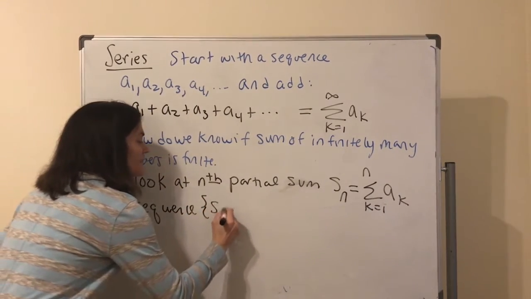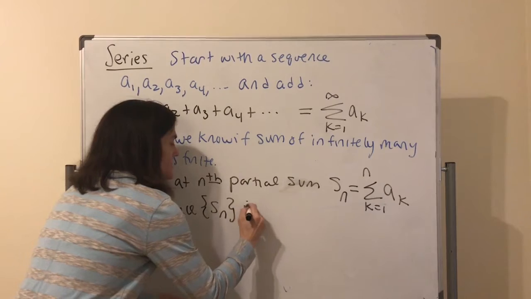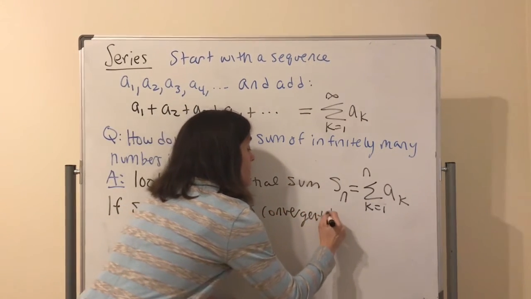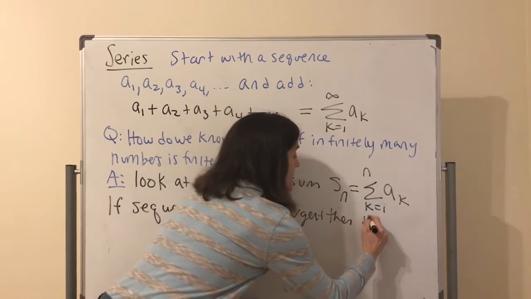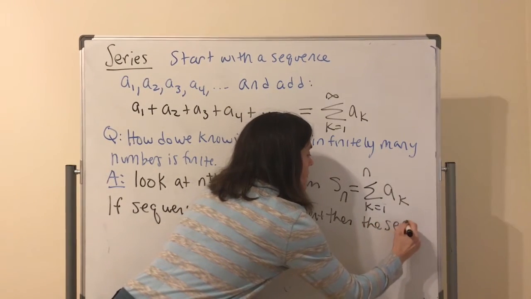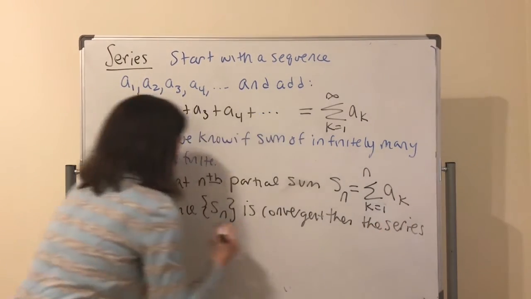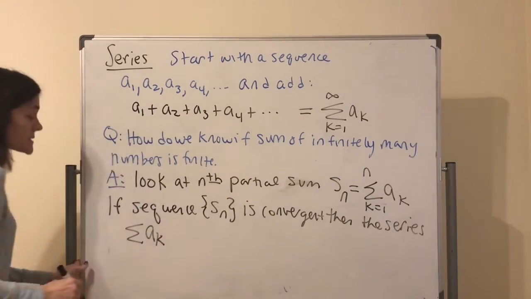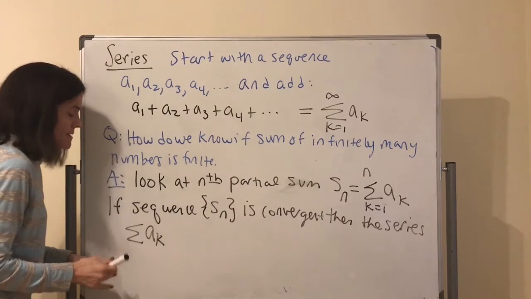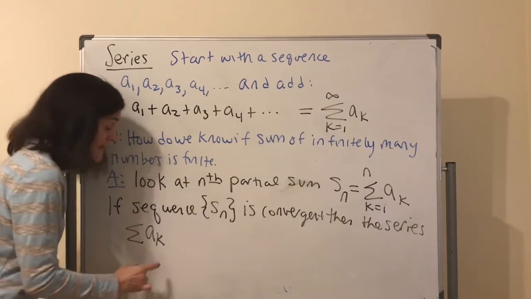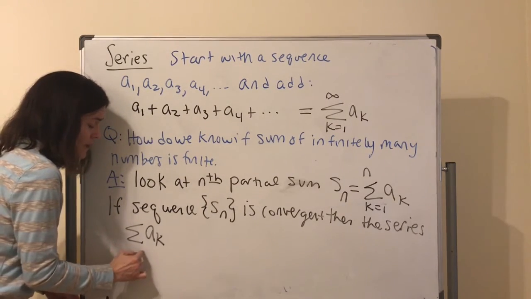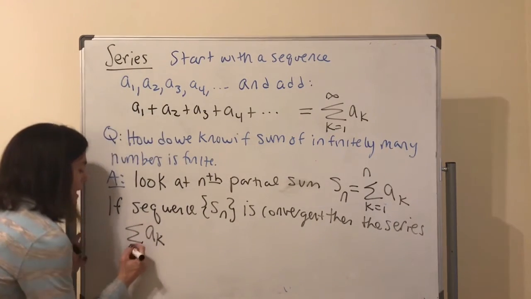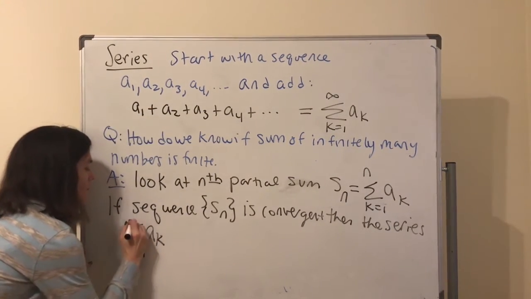So we will continue our answer: if the sequence Sn is convergent, then the series sum ak, and this is notation you will see, sometimes people will write a series without putting k equals 1 to infinity. They'll just write it like this, but I will write it here.